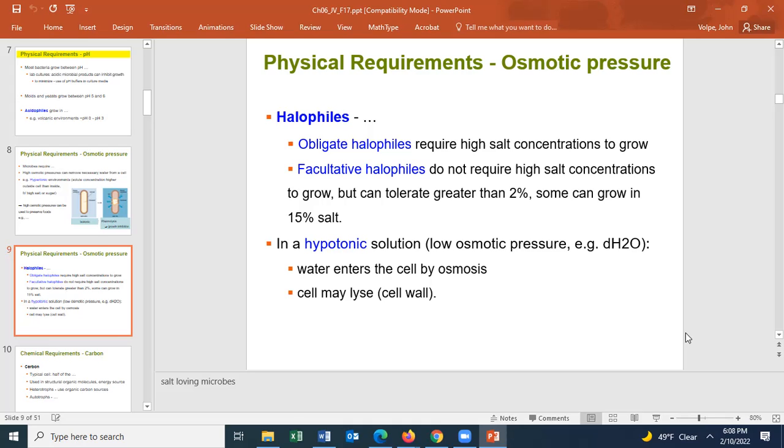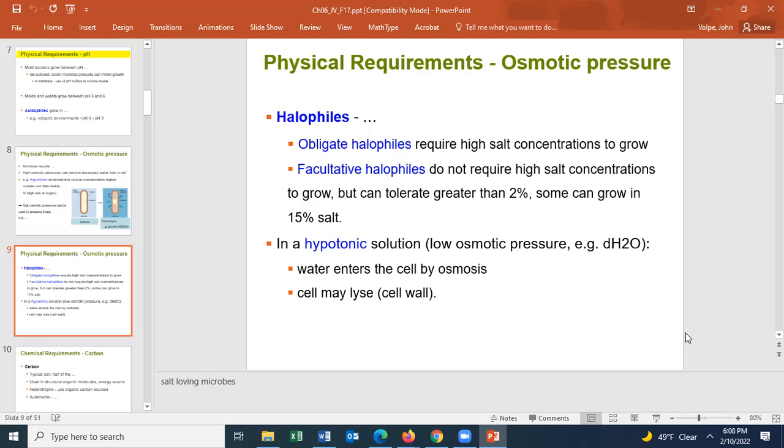In a hypotonic solution, this is a low osmotic pressure solution, meaning there's lots of water around, very little salt. Water enters the cell by osmosis. If the cell does not have a functional cell wall, the cell may lyse.